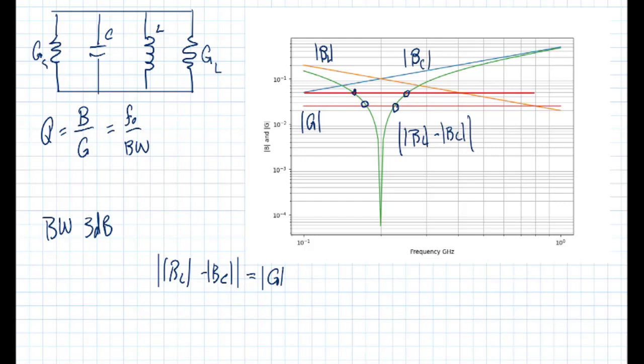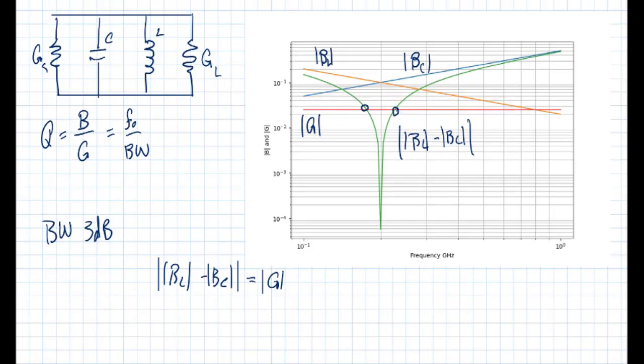We can look at that here. But the foundation of looking at this is the observation that for a 3 dB bandwidth, the susceptance and conductance magnitudes will be the same. So we can use that as our starting point.